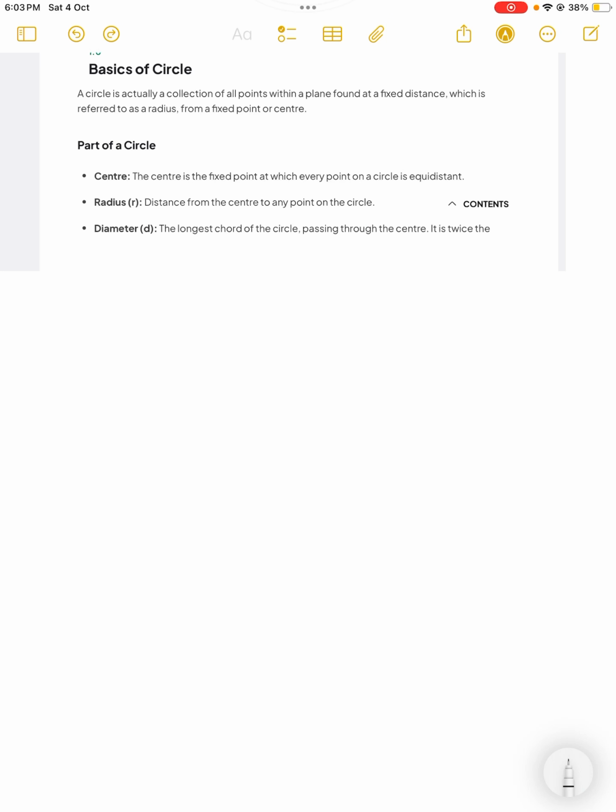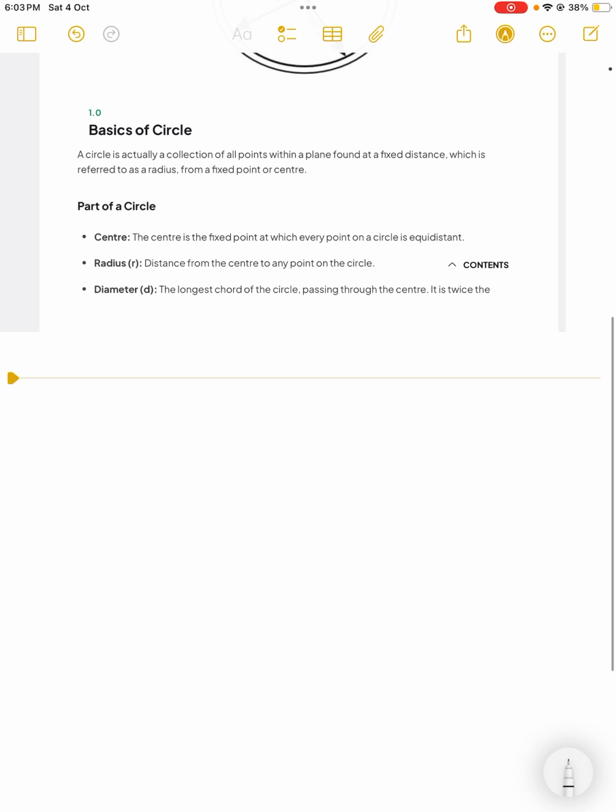A circle is a collection of all points within a plane found at a fixed distance, which is referred to as the radius, from a fixed point or center. Here we observe this is the plane.